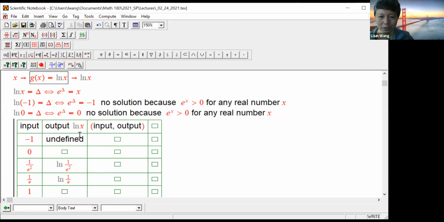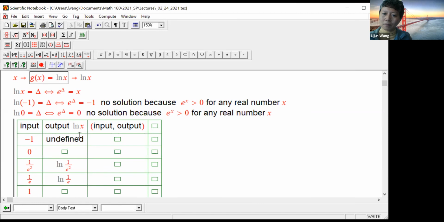So now I want you guys to read the definition of function again. Please, everybody. Take a moment to reflect on the definition of function one more time. When you read this definition this time, do you think you have understood much more than you used to?